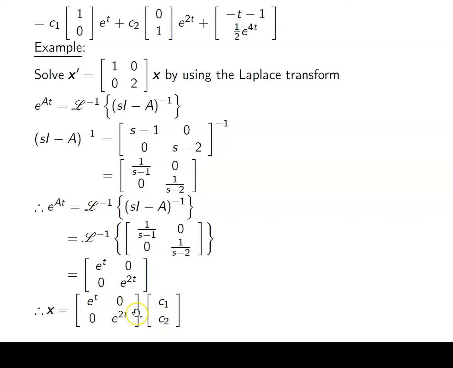And again, if you remember, that is the solution I got by doing the matrix exponential. So using the matrix exponential and the Laplace transform will give me equivalent answers. If you like the Laplace transform, you can use that in this section. If you would rather do the Maclaurin expansion, then you can do the expansions, right?